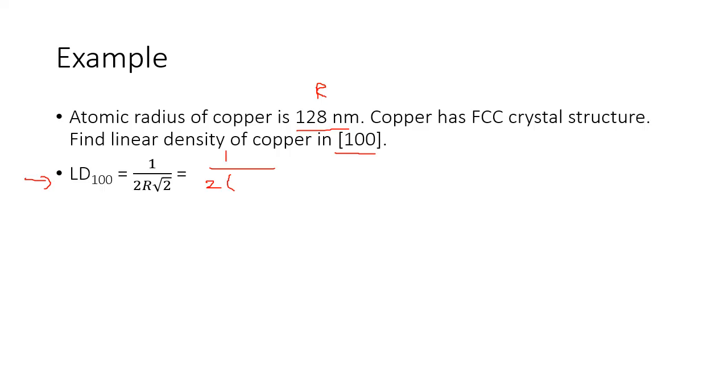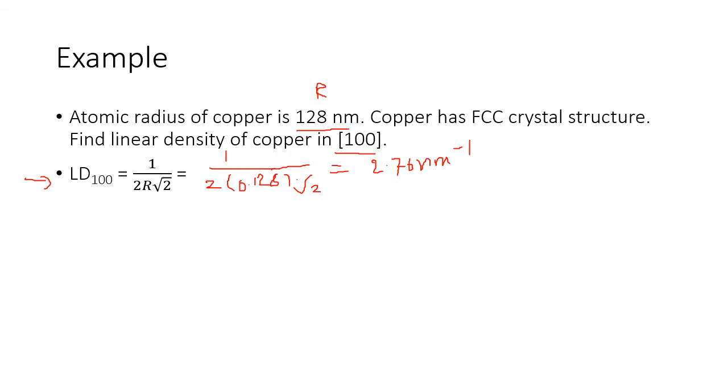All we have to do is substitute the value of R in this expression, which comes out to be 1 upon 2 into 0.128 into root 2. If you calculate this, it comes out to be 2.76 nanometer inverse.